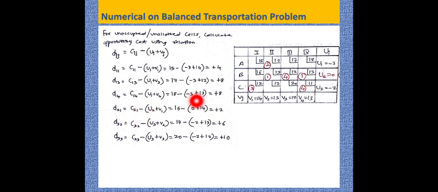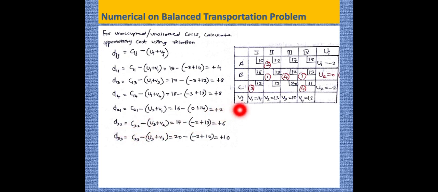Similarly, D21 is another unallocated cell, which is equal to C21, that is 16, minus (U2 plus V1). U2 is 0 here and V1 is 14, so 16 minus 14 will come plus 2.